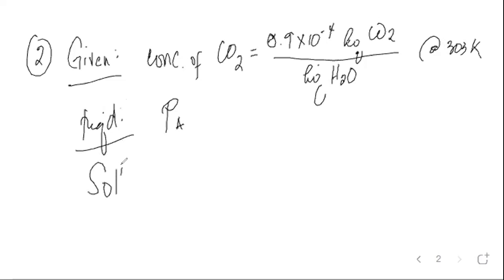Then the problem in itself dictates already that you are to use Henry's law. So you will have partial pressure being equal to the Henry's constant times the mole fraction of CO2 in the liquid phase. So it's more straightforward than the other one, although we will have to do some conversion. In terms of the Henry's constant, we will use the Henry's constant that we used there.